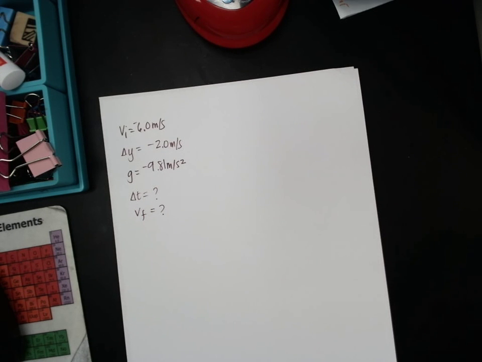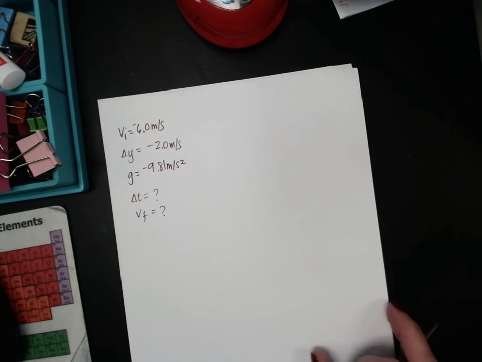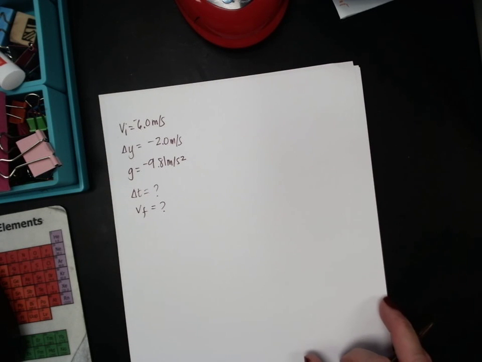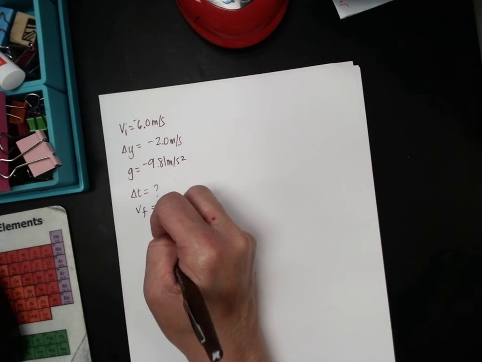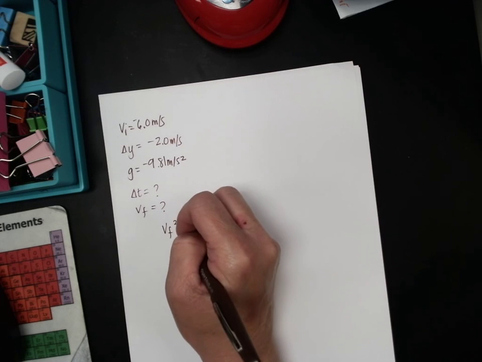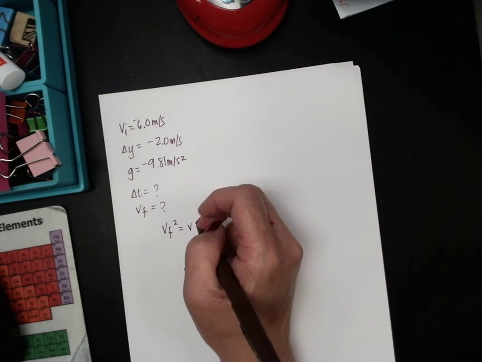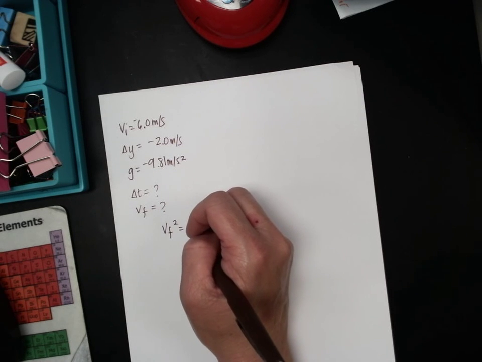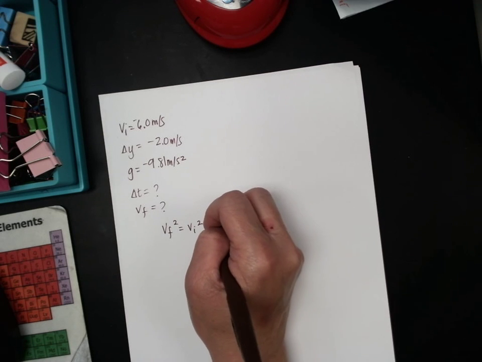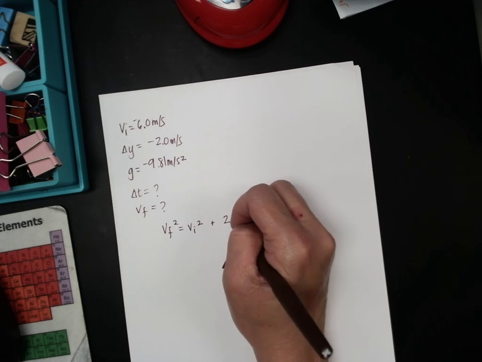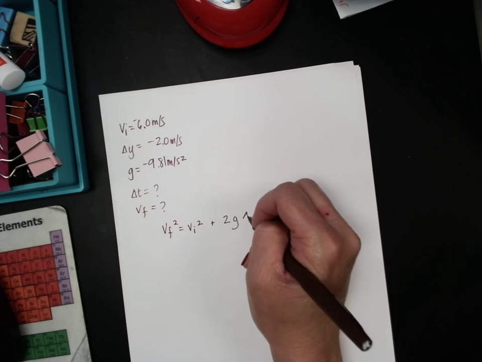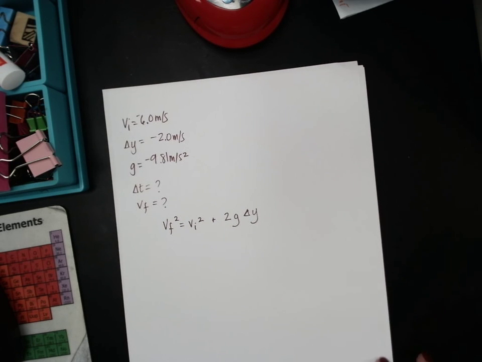So when I look at my formulas, I don't find a formula that I can use that's going to give me time right away. So I have to use VF squared equals VI squared plus 2G delta Y. And then I'm just going to plug in what I know.